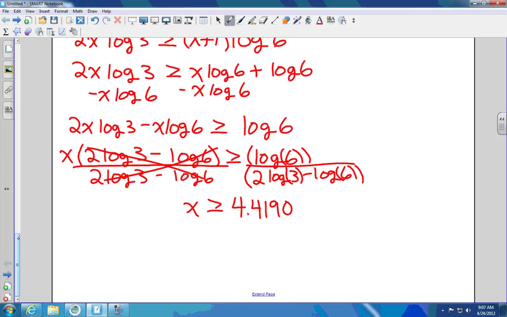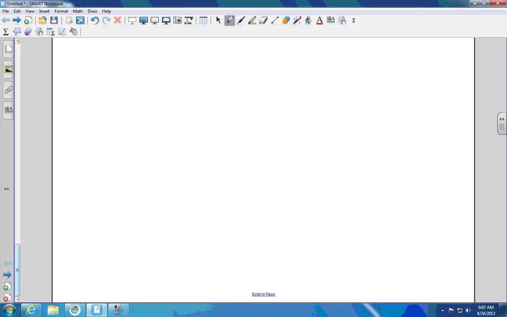One more thing in this section. Log base 4 of 25. So what form is that in?